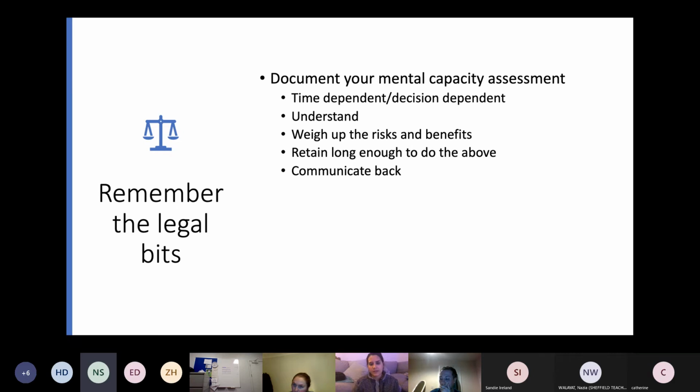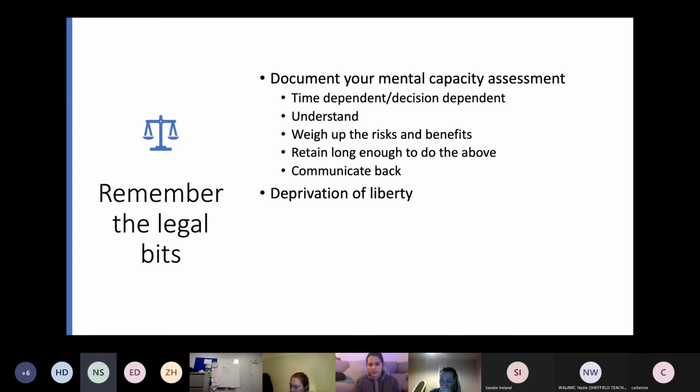So remember that it's time dependent and decision dependent. You need to document that they don't understand what the decision is, essentially, or the aspects behind the decision making. They need to be able to weigh up the risks and benefits of that decision and retain that long enough to do the weighing up, and then communicate it back to you.